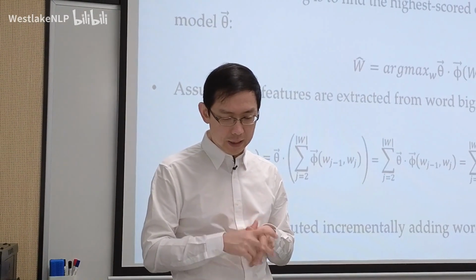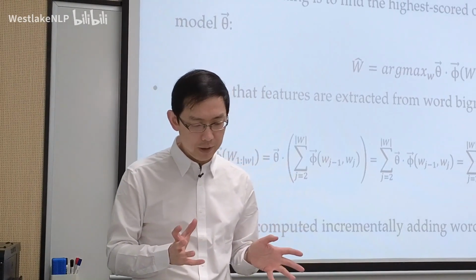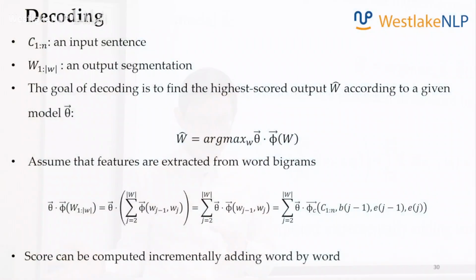And also we know this phi of wj minus 1, wj notation can also be denoted as phi of c, bj minus 1, ej minus 1, and ej, right? So we have this last equation. This is the incremental calculation steps. It's very similar to sequence labeling. It forms a basis for a dynamic program.